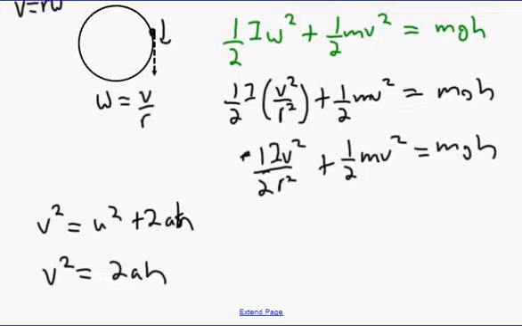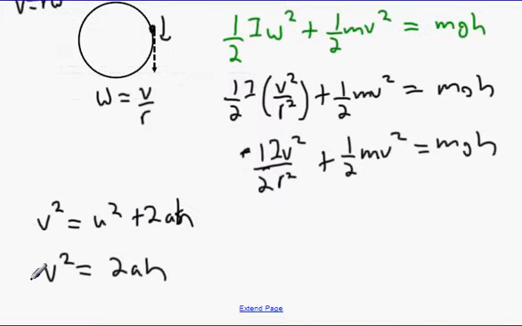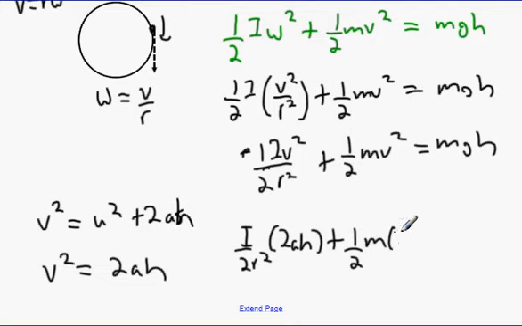Look up at the start: there is no sign of v in this question. Let's get rid of v squared right away. So what we're going to have is a half times I over r squared times v squared, which is 2ah, plus a half m times 2ah equals mgh.